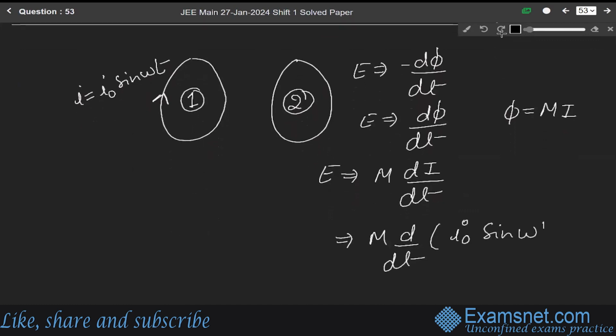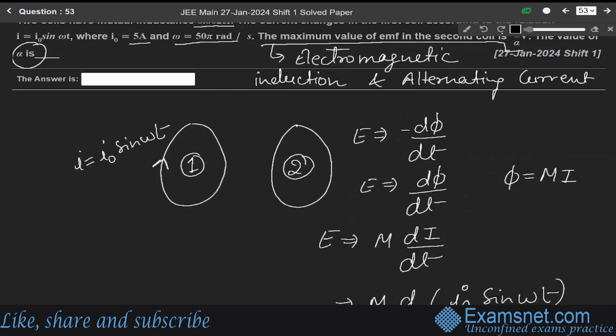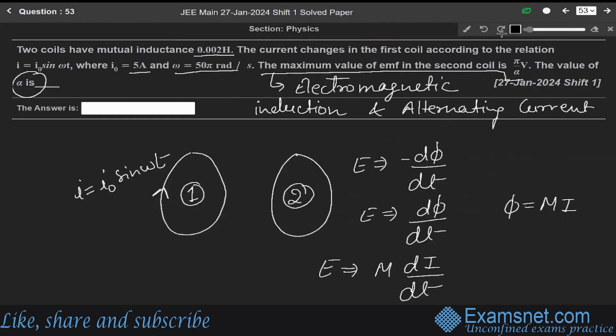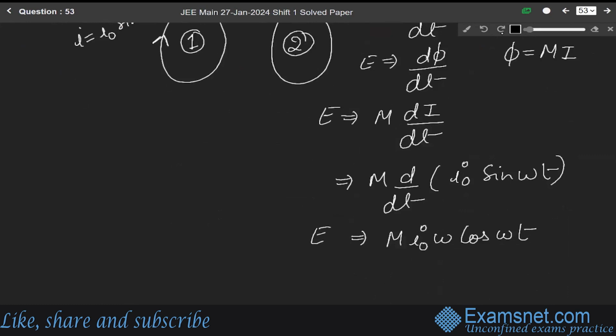Now differentiating this I naught sine omega t, we get EMF equals M I naught omega cos omega t. The EMF will be maximum when cos omega t is maximum, and the maximum value of cos omega t is 1.